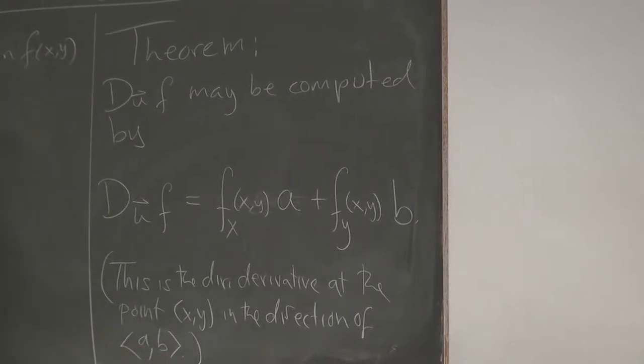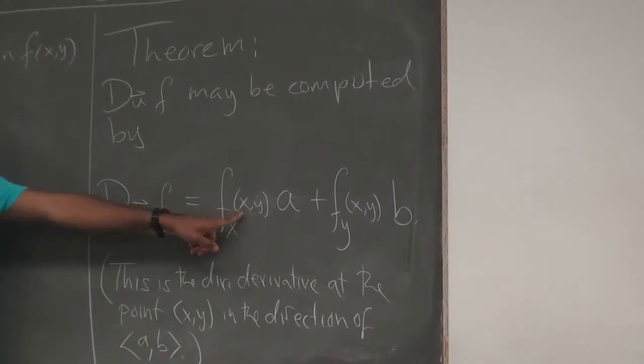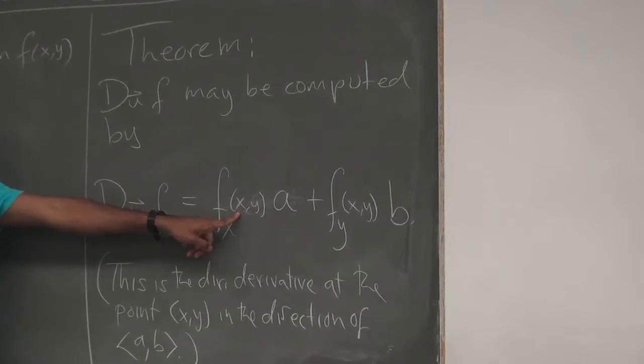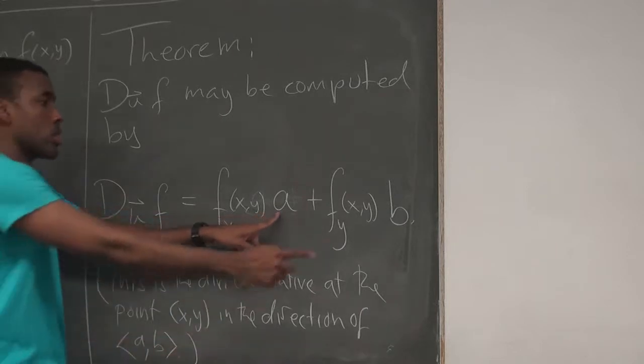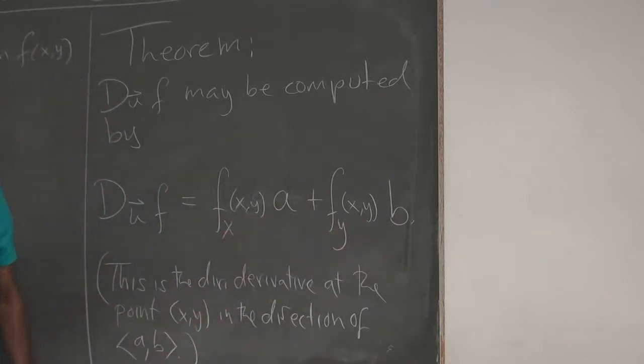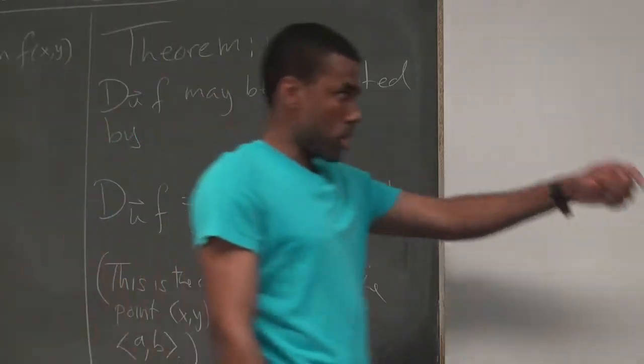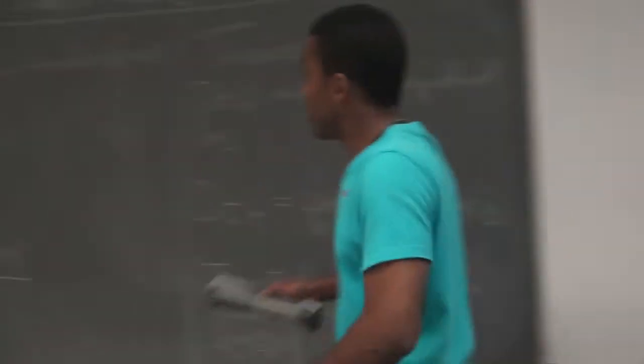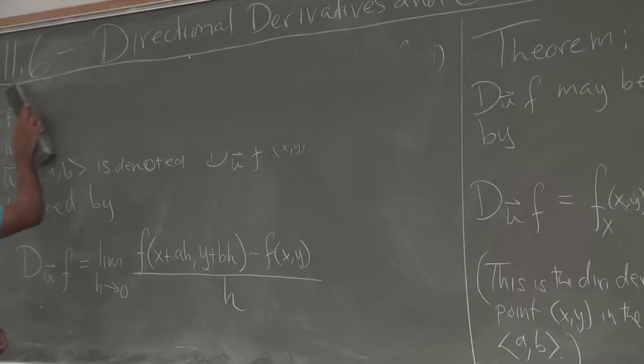In other words, the point where you're currently located, that's your (x, y), and that's where you're going to evaluate the partial derivative. The direction you want to move towards, those are the components that you plug in here. So then we're going to go through these examples. It should be pretty easy to catch on once you get into it.